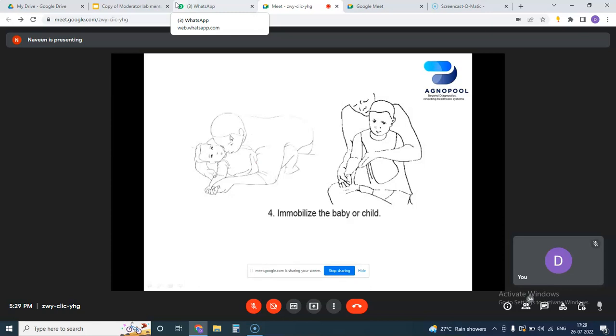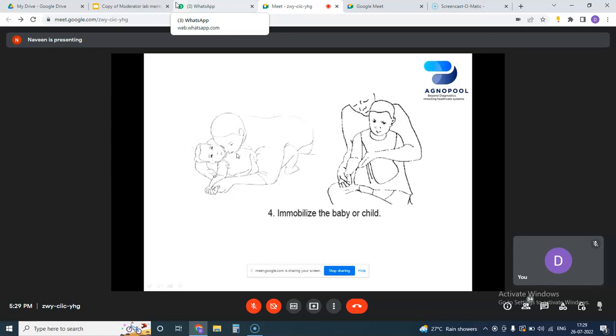So one of the hands of the parent will be on the back of the head of the child, and the child will be laid on the table. And this hand will be coming to the elbow of the child. The other hand will be reaching up to the wrist of the child. So what happens here?